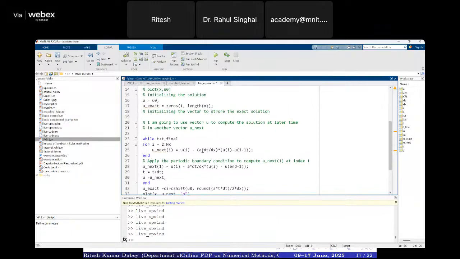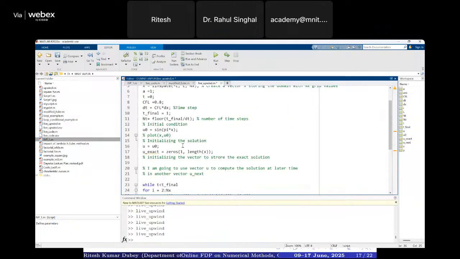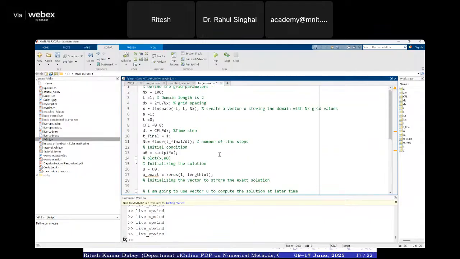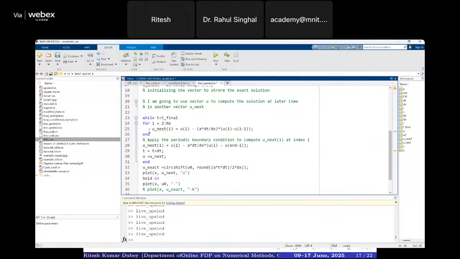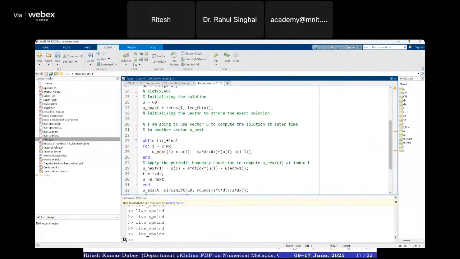But in the original code, in the slide, I ran that code and it was perfectly fine. You can see here we are getting one error, or a highlighted thing like a warning. That is happening because we have not assigned the required memory for the vector u next.